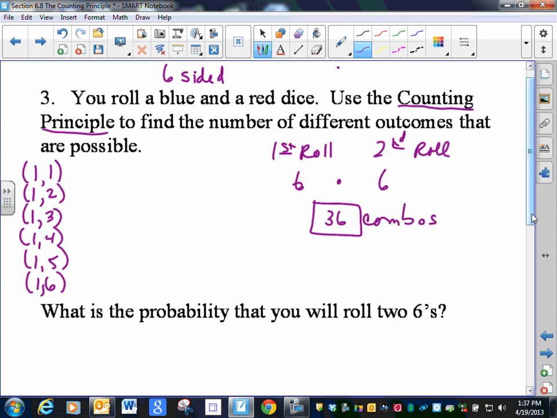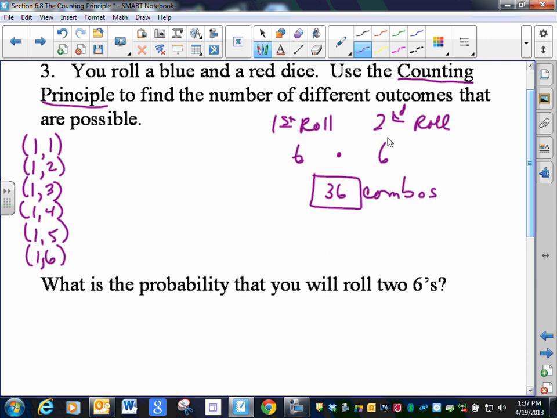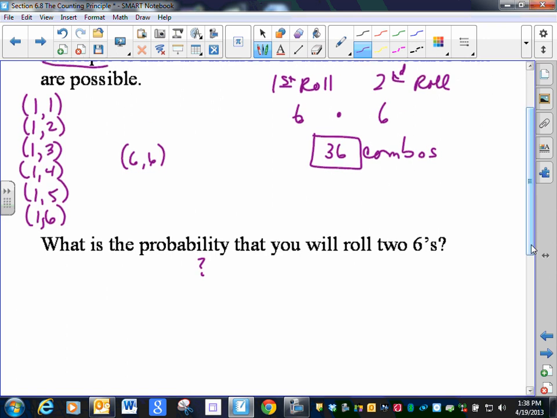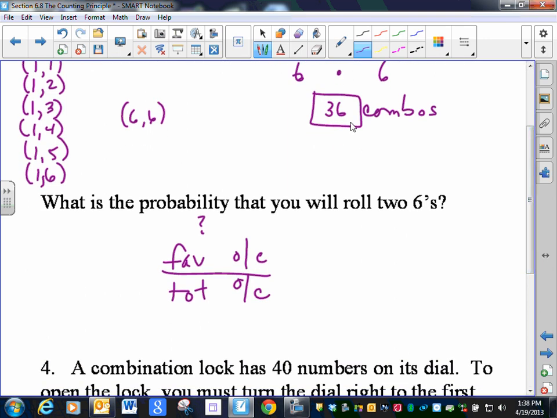Now let's talk about probability from the last section. So out of these 36 combos, what's the probability that your pair is going to look like this? 6, 6. Well, remembering that probability is favorable outcomes over total outcomes, we'll apply that. The total possible outcomes is 36.